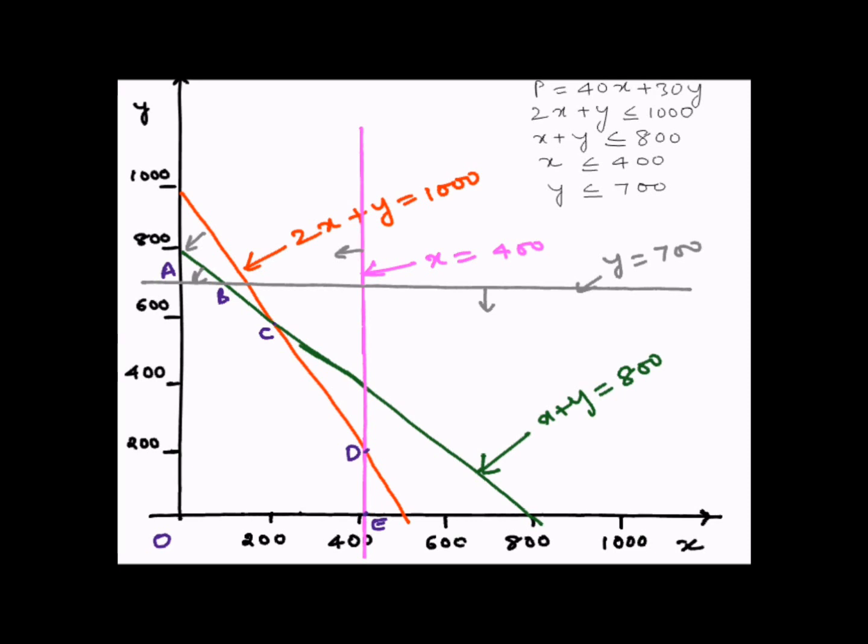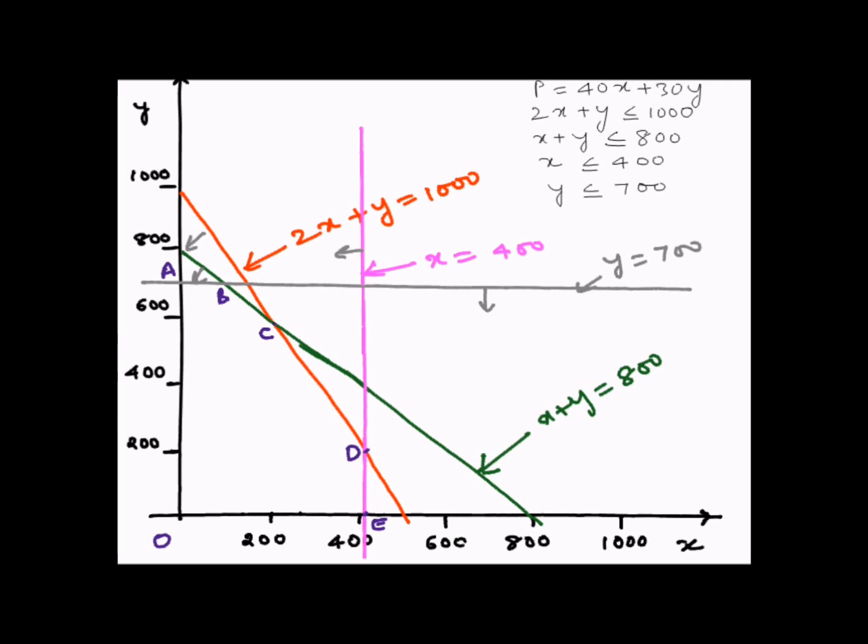As we move further from the origin, the line which touches the feasible solution region and is farthest from the origin will be the line at which the optimal solution will be available. Then we can find the coordinates of the point at which this line is touching the feasible solution region, and that will be the quantity of x and y that we want to manufacture.